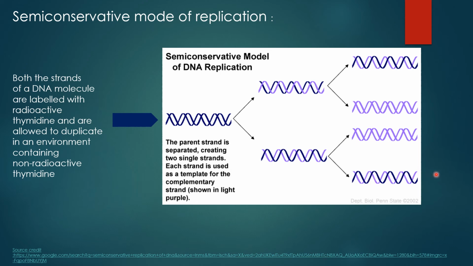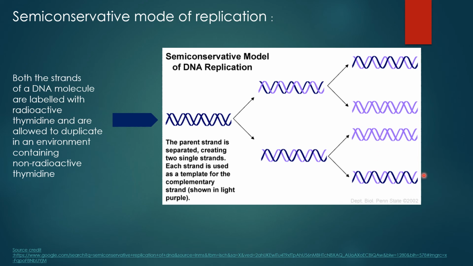The same thing would continue when we go for the next cycle of replication. So you can understand that after each replication we are getting only one strand which is labeled. Here it is and here it is. So in all, two strands are labeled.